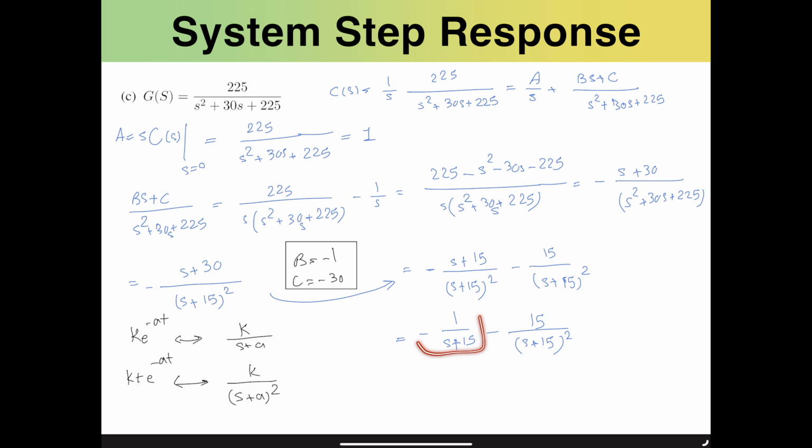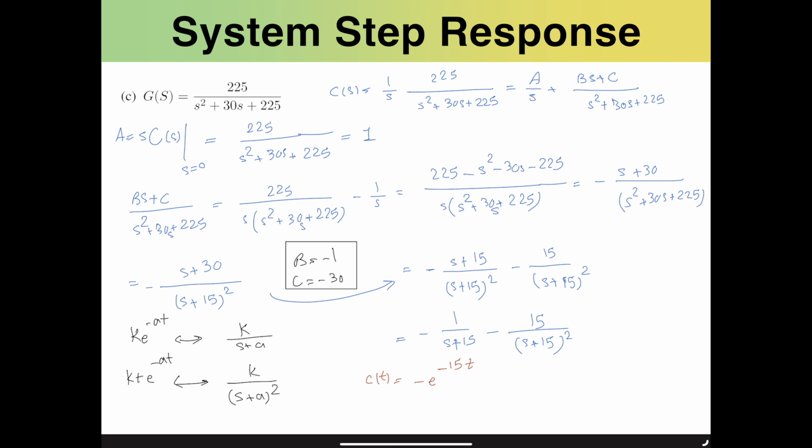So if I compare this equation with the first one, I can easily see that a equals 15 and k equals minus 1. So I can replace them there to get k equals minus 1, so minus e to the minus 15t. So that is the first term.